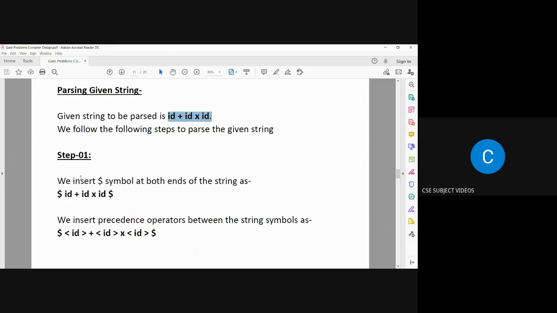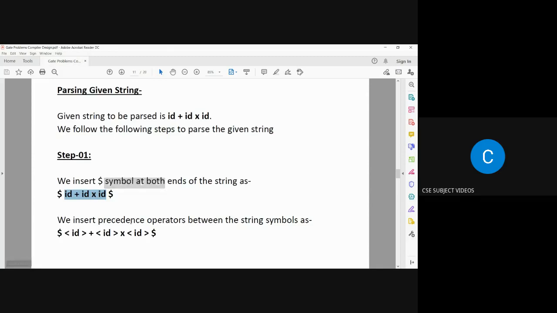Step number 1: we insert the dollar symbol at both ends of the string. Our string is id plus id into id. This is our actual string, so before the string and after the string, at both ends, we mention dollar.